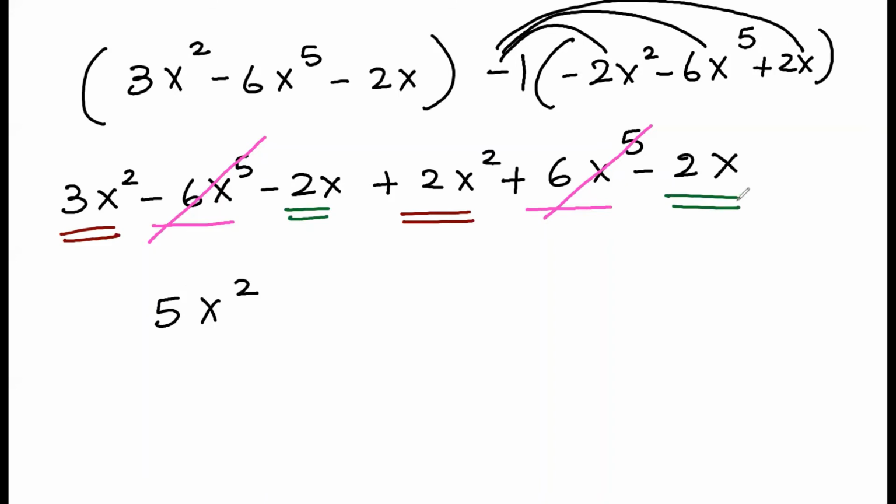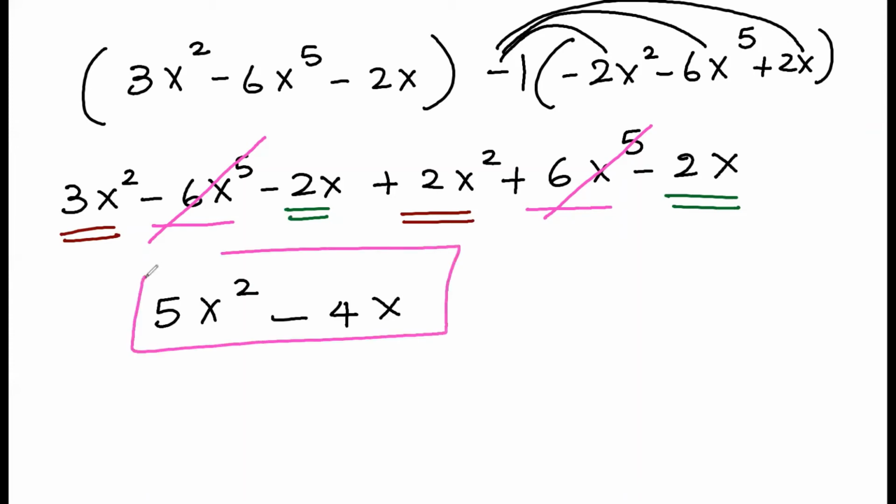Now observe caution. Here you are adding -2x plus -2x, which is going to be -4x. So your final answer to this problem is going to be 5x squared minus 4x.